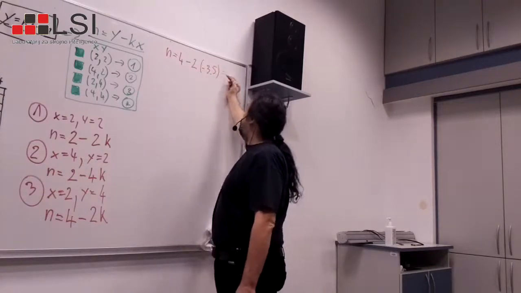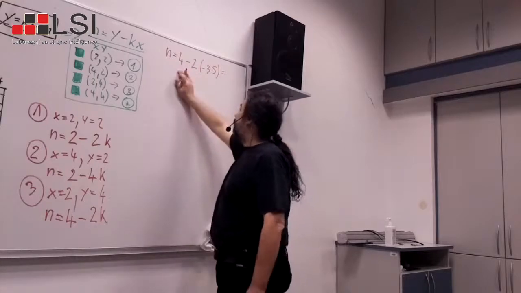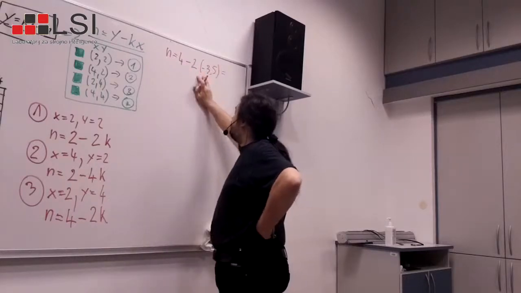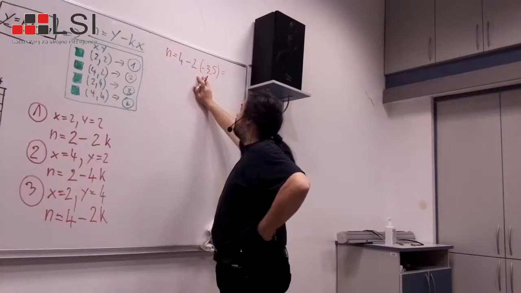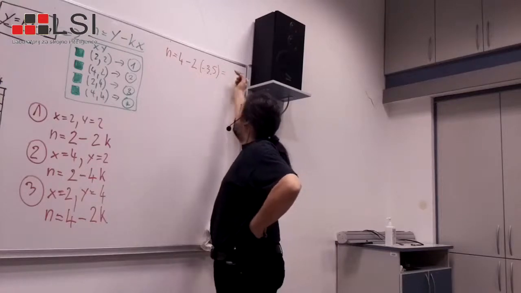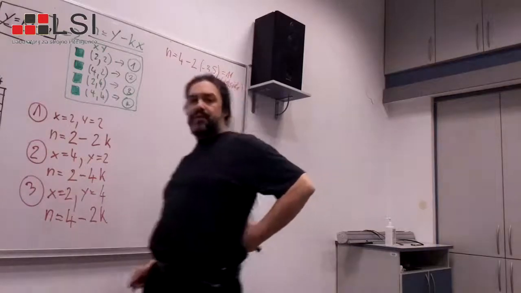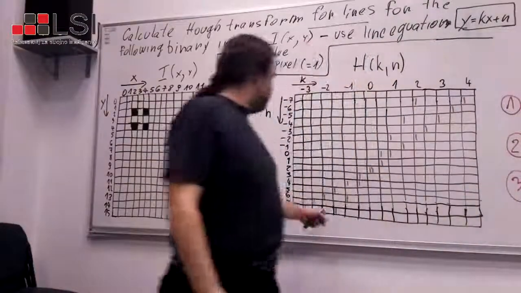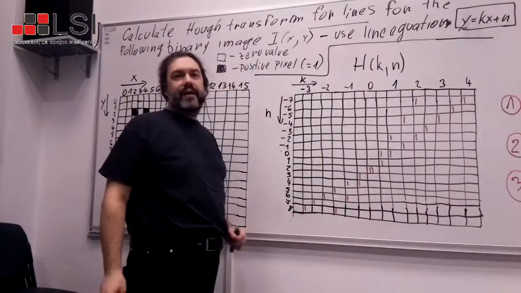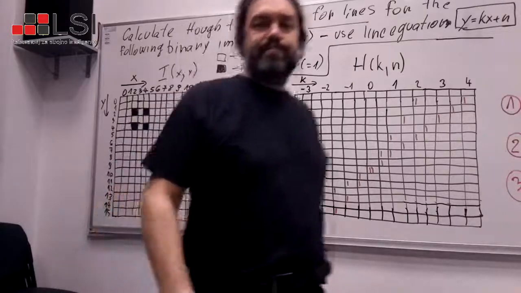This yields 4, and this is plus 7. 4 plus 7 is 11, and it's outside. There is no way that we could put 11 in the accumulator. It's outside.